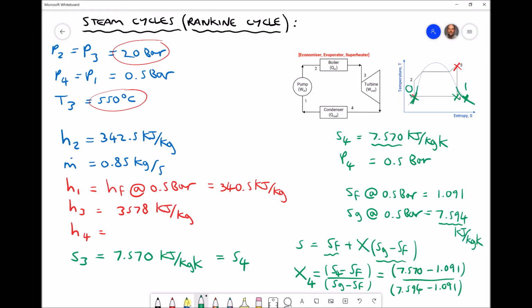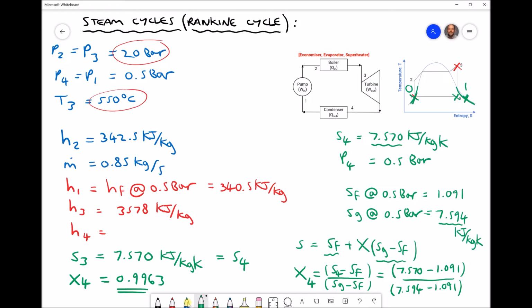I'm just going to make a note over on the left-hand side here. So we have X4 equals 0.9963. And dryness fraction is dimensionless, so we don't need to add any units there.